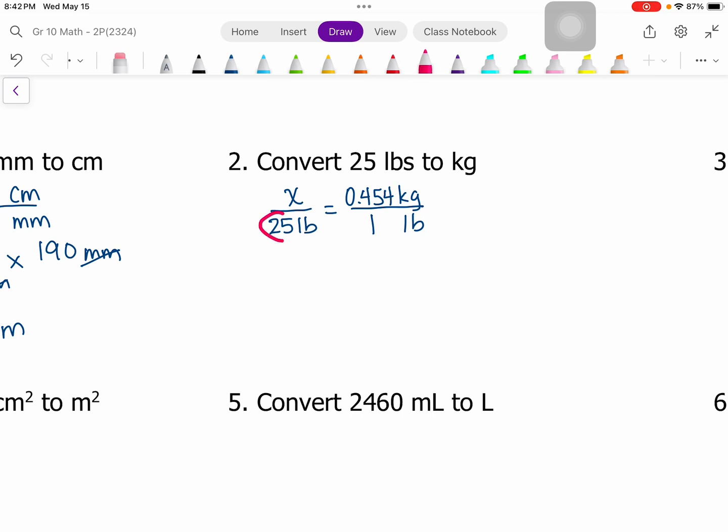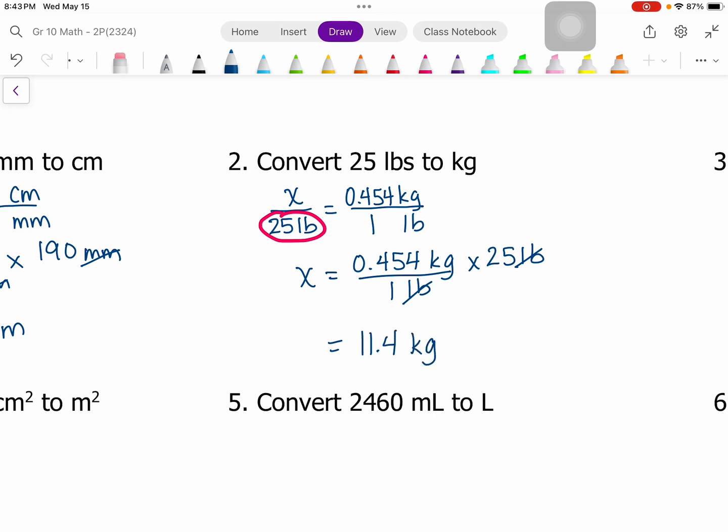Then we will multiply by the 25 to move it over to the other side. So x is equal to 0.454 kilograms per 1 pound times 25 pounds. Our pounds will cancel, and that is going to equal 11.4 kilograms.